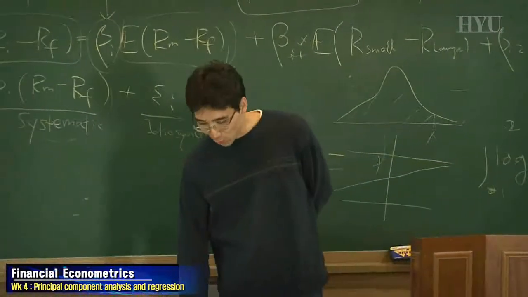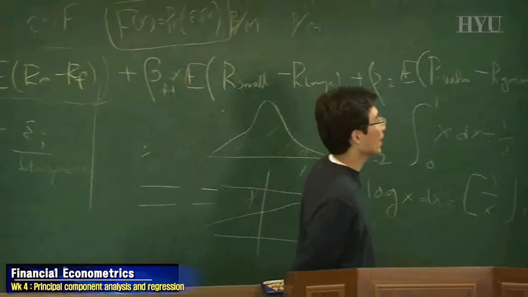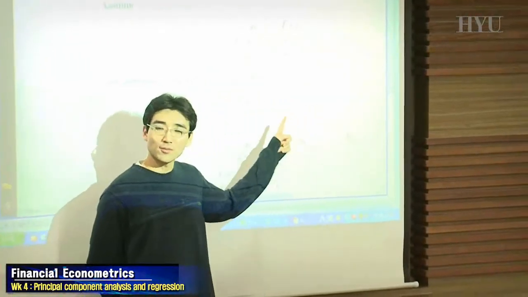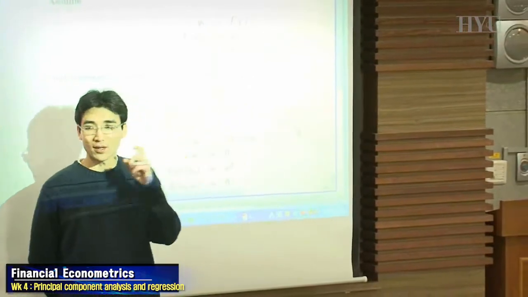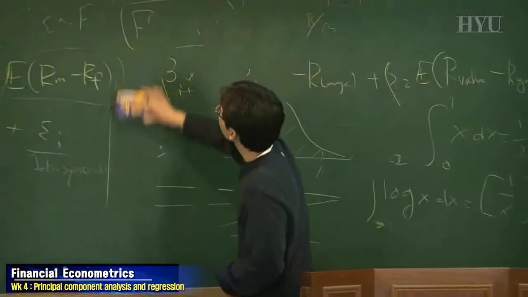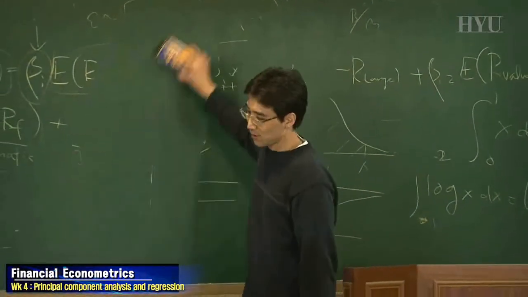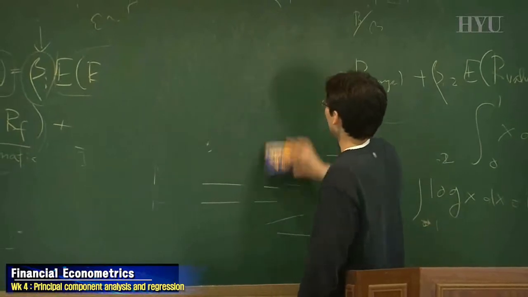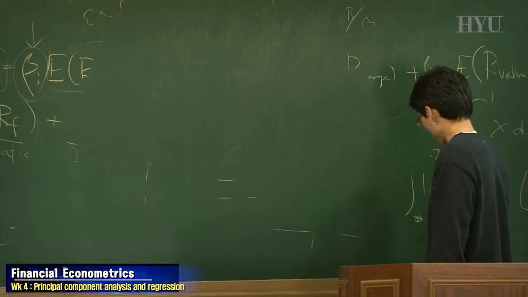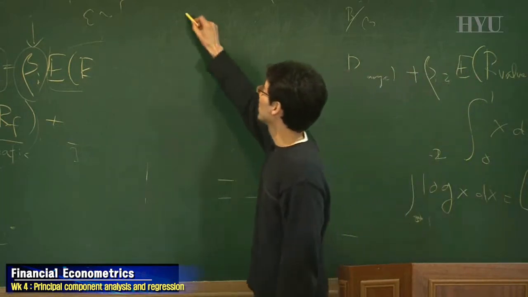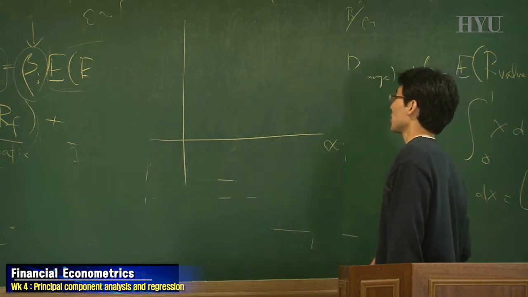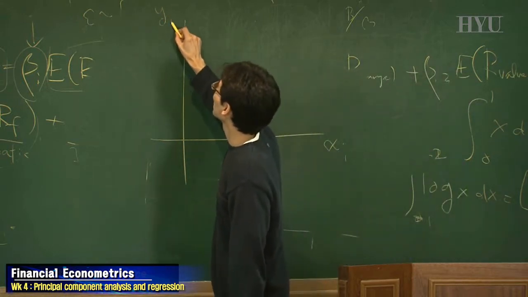Our goal is to find the beta. In the CAPM, our goal is to find the beta. So basically we have data: this is x_i, this is y_i.